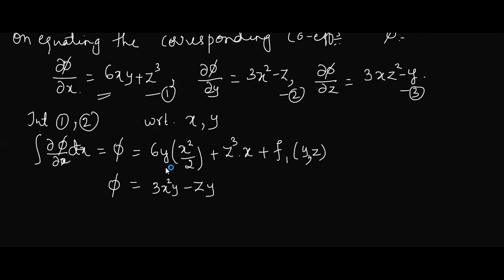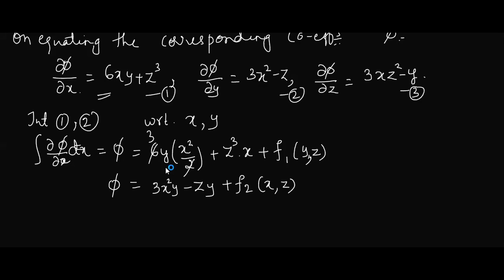Very good. Then what is to be done for this? Add a function of x and z, f2 of x, z. Either you can use f1, f2, f3, or you can use f, g, h, your choice. Here two ones are, two threes are, one simplification I did.